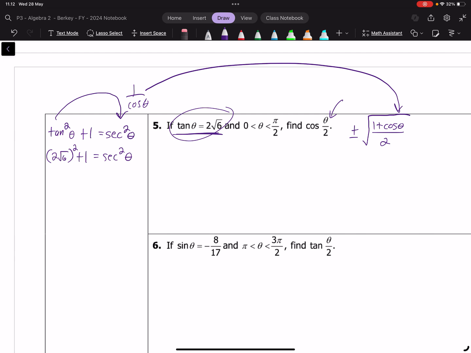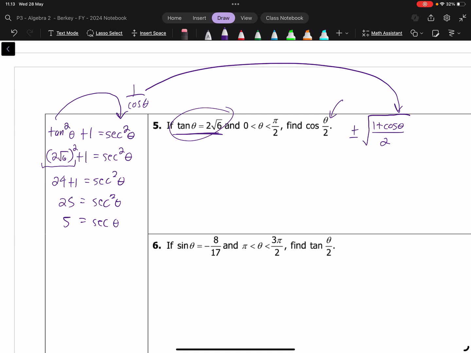Now I'm going to simplify 2 root 6 squared, and that actually is 2 times 2 is 4. Root 6 times root 6 is 6, so that actually becomes 24 plus 1 is equal to secant squared theta. 25 is equal to secant squared theta. So that means that 5 is equal to secant theta.